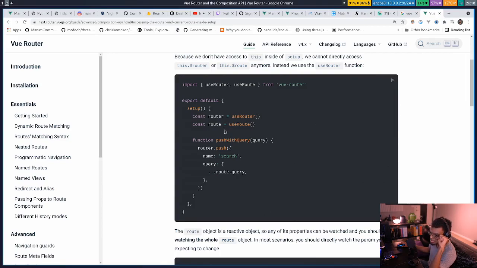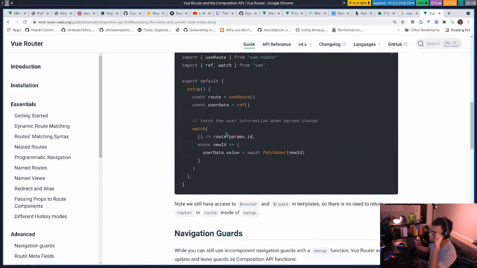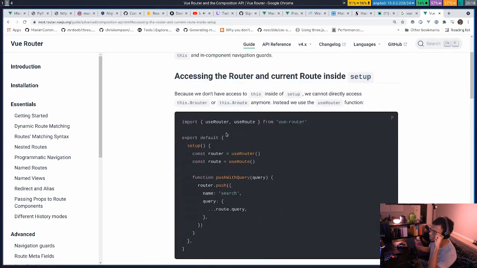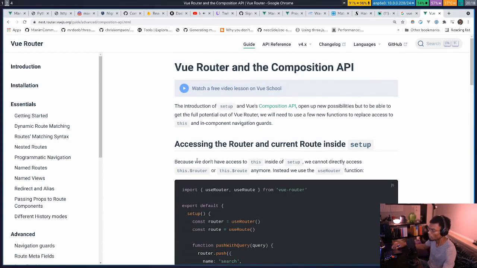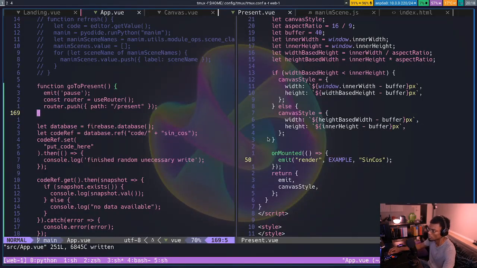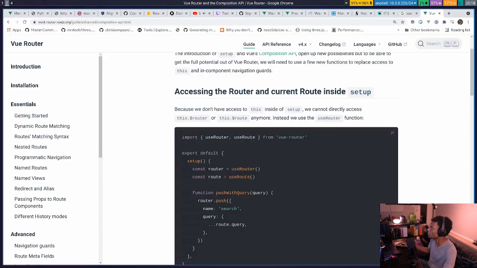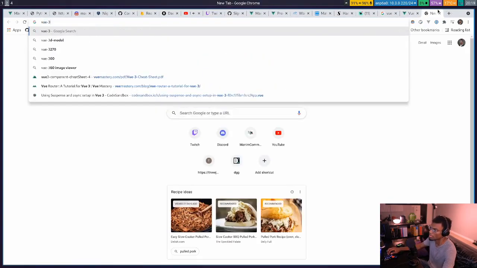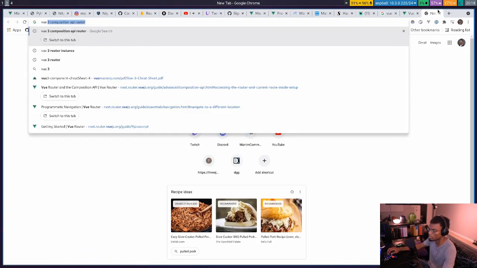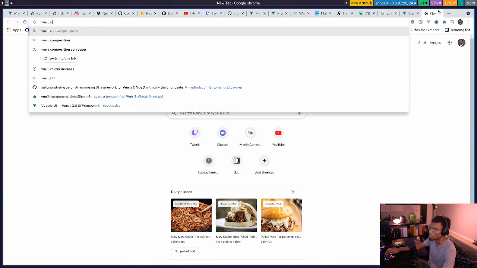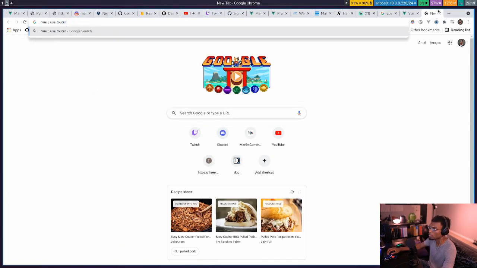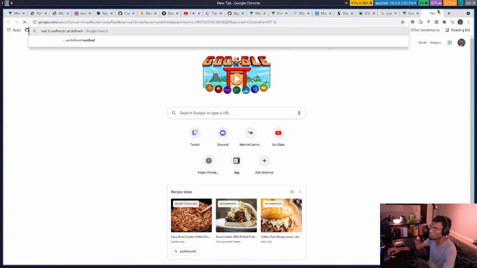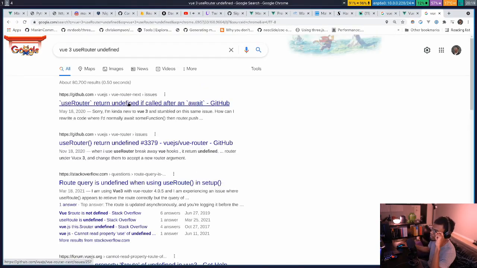Get the managed GL profiler too. Okay. Dang. Why did this return undefined? Called after an await?